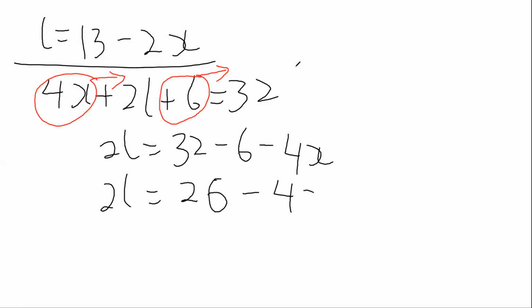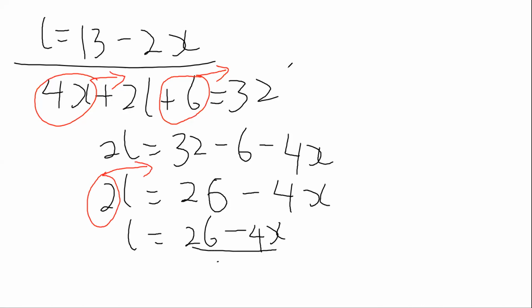Take away 4x. Now we want to get rid of this 2, so this 2 goes across. When it goes across, L is 26 minus 4x all over 2. L will therefore be 2 into 26 is 13. And the 2 will cancel off with the 4x, and you will get 2x.